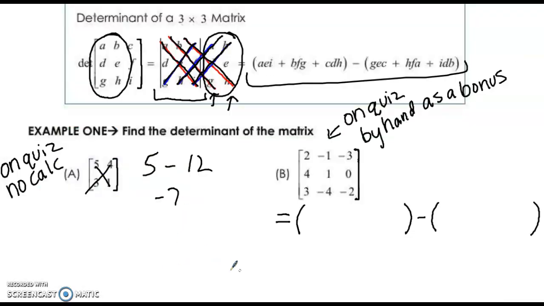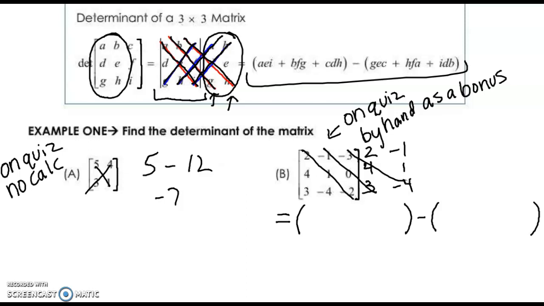So to do this by hand, I'm going to rewrite 2, 4, 3, and then normally on a quiz, and this is the regular quiz, not the online quizzes that we're doing for COVID and everything, I make them do this by hand, or you guys do it by hand.